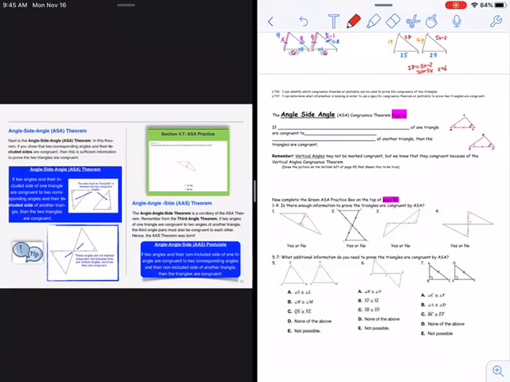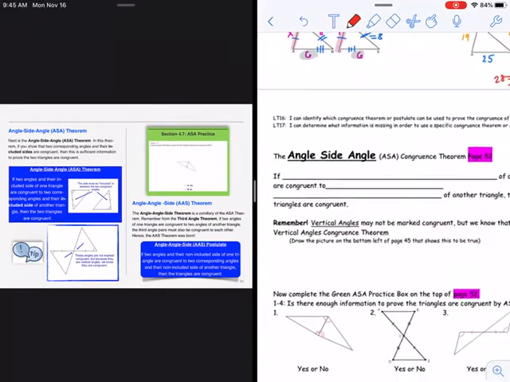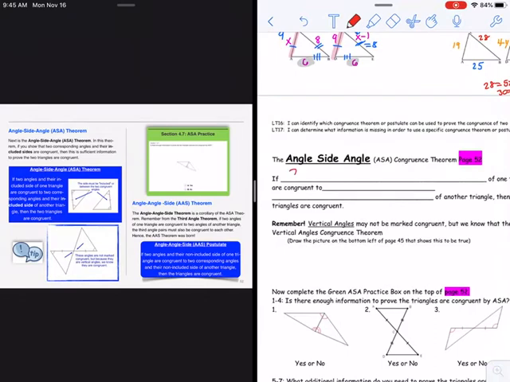Okay, so now we're here with the angle side angle congruence theorem.